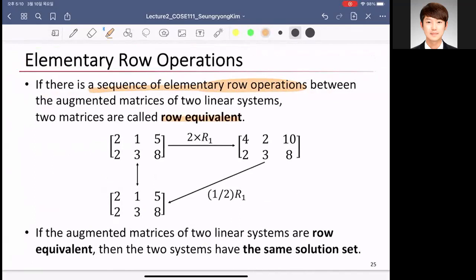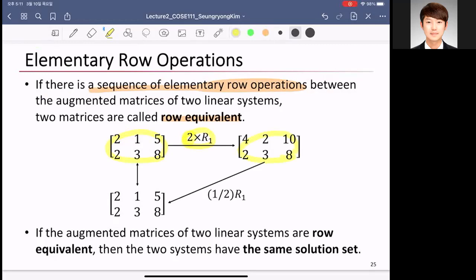For example, let's suppose that we have an original matrix like this. First of all, if we want to multiply by 2 on R1, we can achieve this matrix, right?